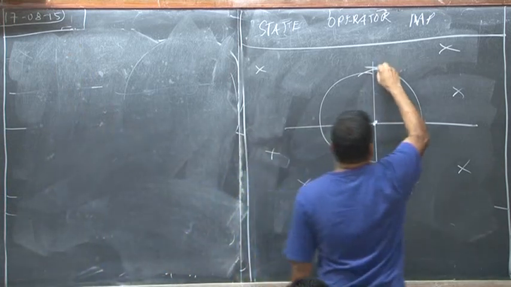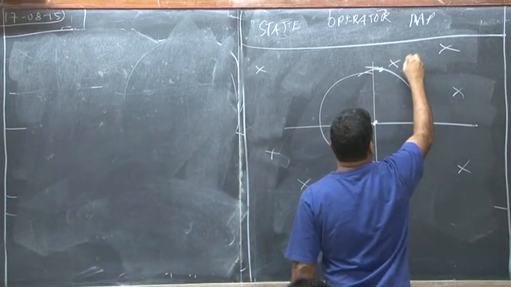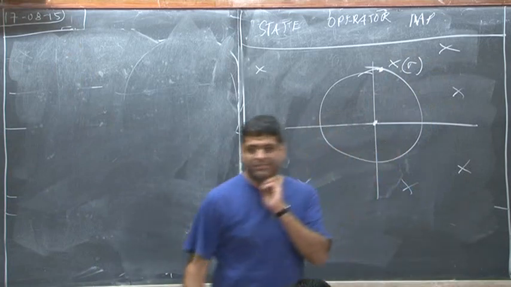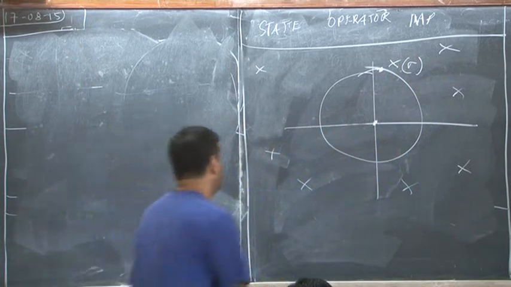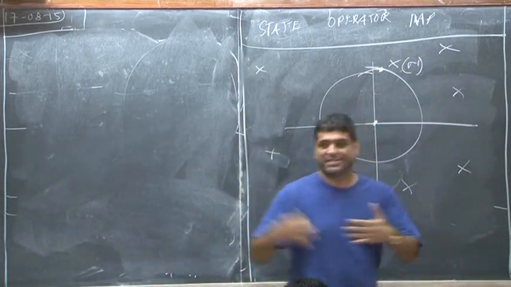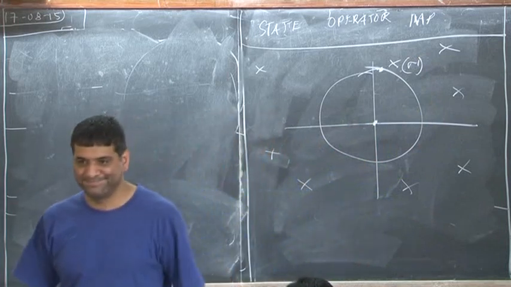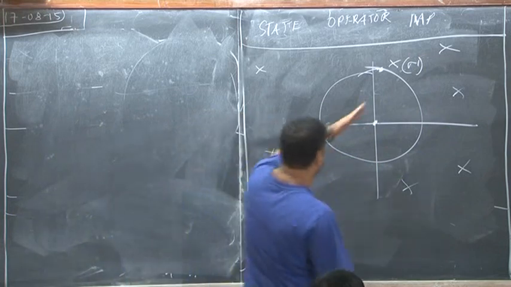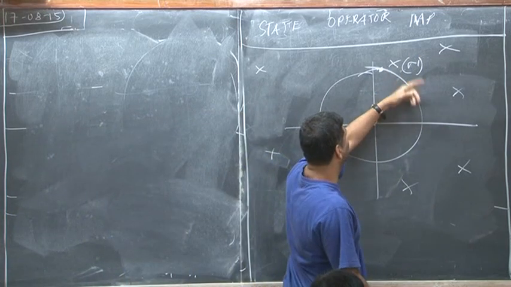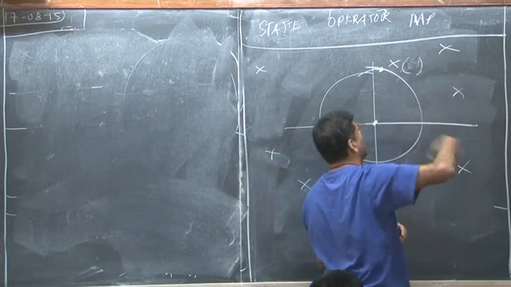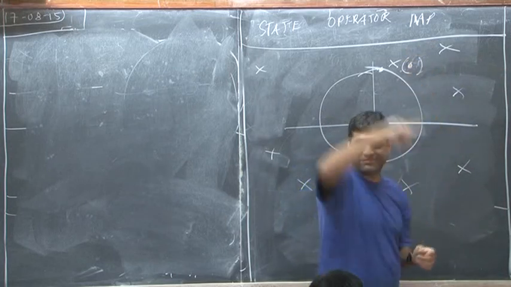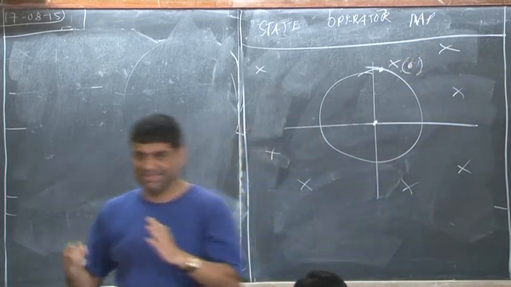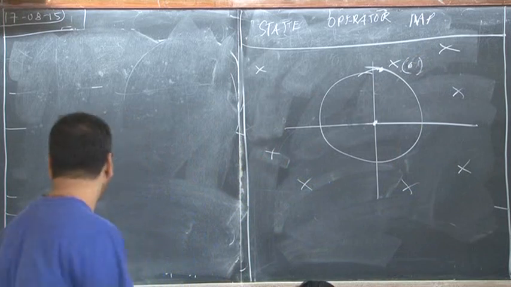Let me call the fields on the disk x of sigma. It's a function only of sigma 1, because sigma 2 on the disk is just 1. Now that we're in the z plane, let's call it theta. It's just a function of theta, the angle, since mod z is just 1.